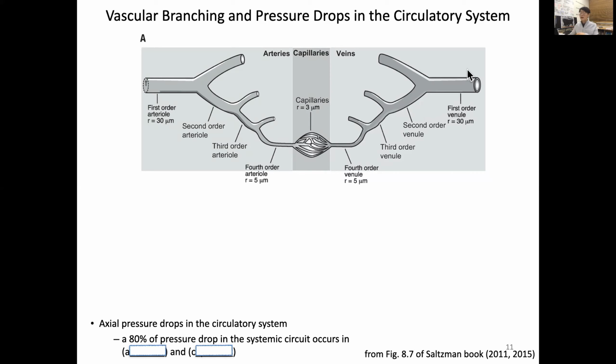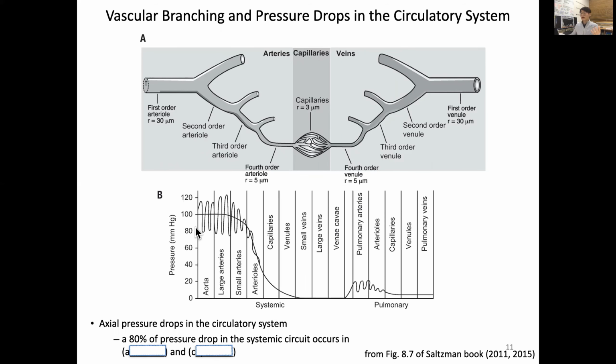So what about the pressure drop related to this? Here is the place where the heart pumps and high pressure arterial blood comes in. The pressure drop starts from the aorta, and this zigzag is because the heart is pumping. It goes dramatically down when it reaches the arterioles, and comes down again through the capillaries because they have the smallest diameter.